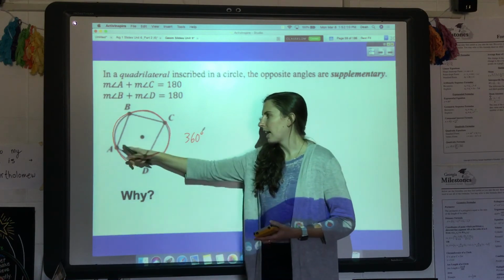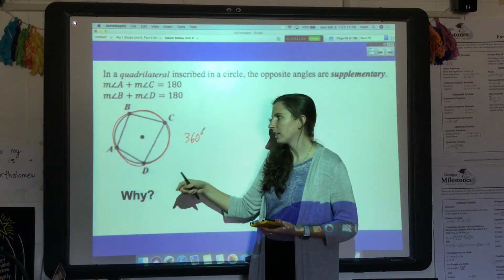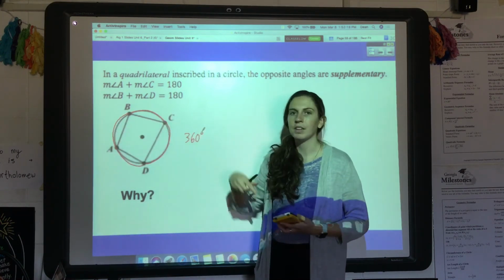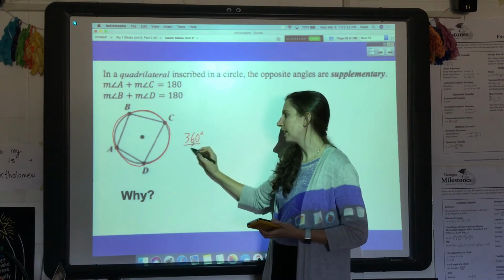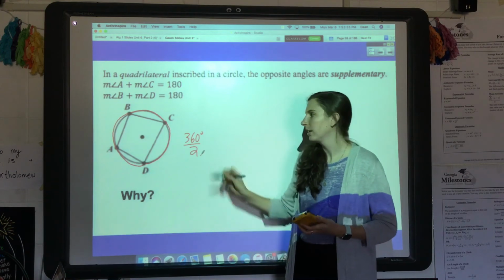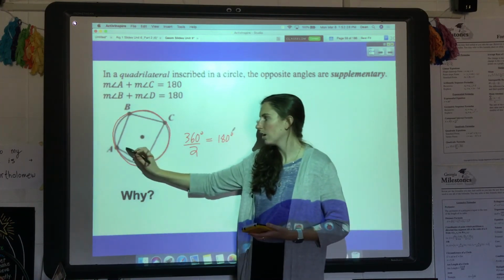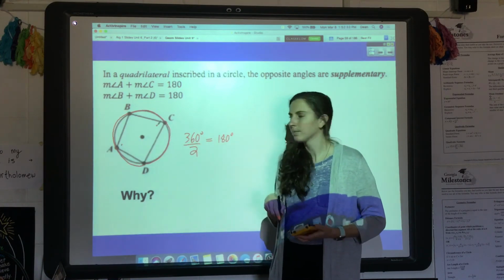And so I don't know exactly what A and C are, but I know they're inscribed angles, and so to find their measure, I would cut the arc in half, and I would cut this arc in half. So basically, if this is the sum of their arcs, then this is the sum of their inscribed angles, which is 180. So again, I don't know exactly what they are, but I know that these two together should be half of this, 180.